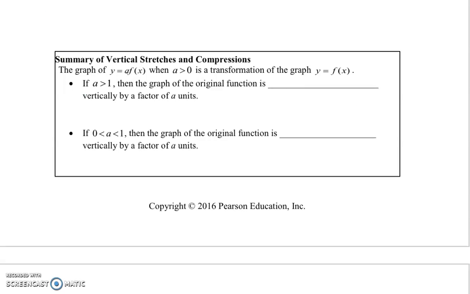If we take our basic function and multiply it by a positive number, if that number is bigger than 1, then the graph of the original function is stretched by a factor of a units.